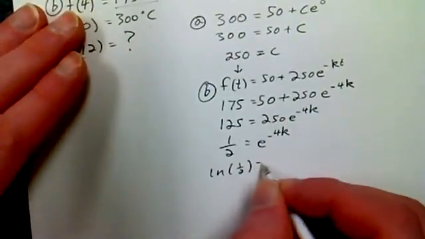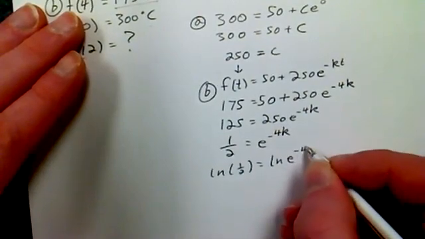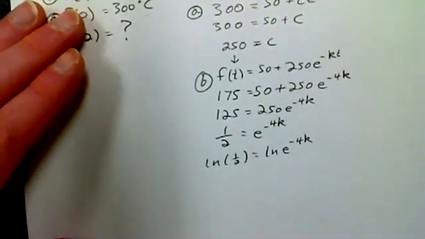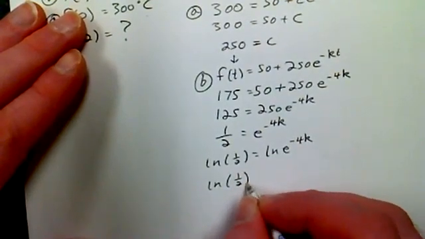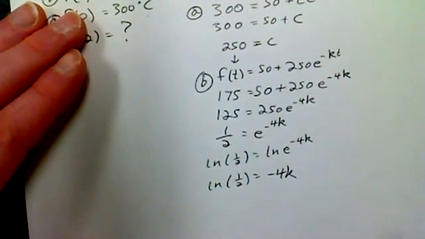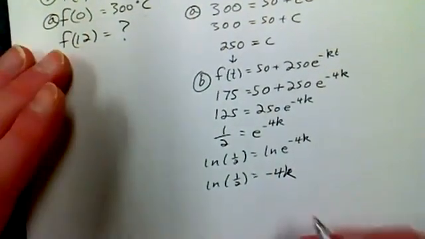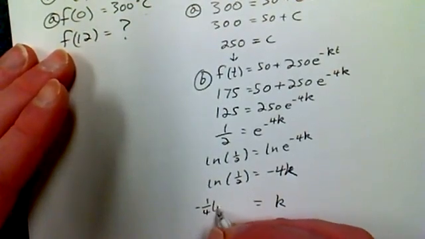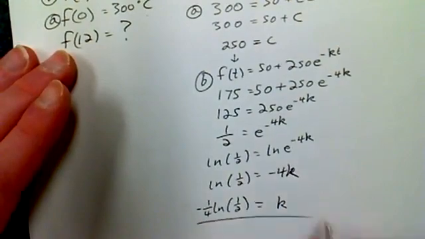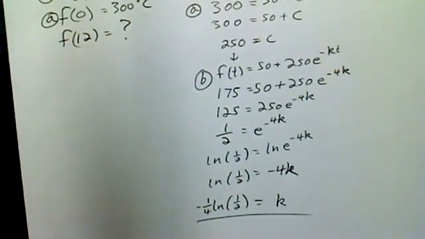Natural log of 1/2 equals natural log of e to the negative 4k. Swing that negative 4k out front. Natural log of 1/2 equals negative 4k times natural log of e, which we know is 1, so that's fine. It looks like K is equal to negative 1/4 natural log of 1/2. Well, that's great.